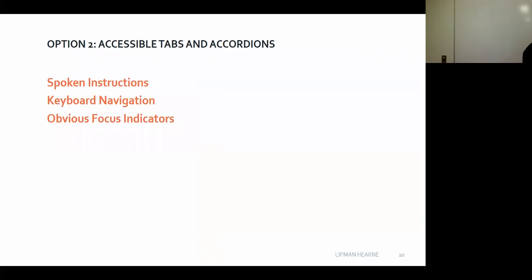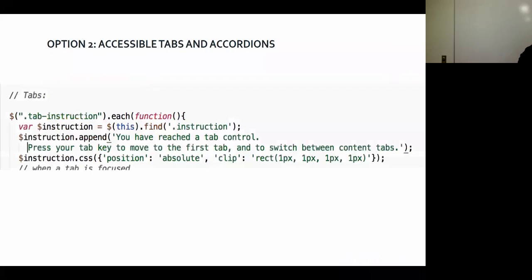So let's move on. If you want to make your tabs and accordions accessible, our ideal solution affords us spoken instructions, keyboard navigation, and obvious focus indication. So we started with the jQuery UI tab control and then added in helper features from the Cal State accordion.